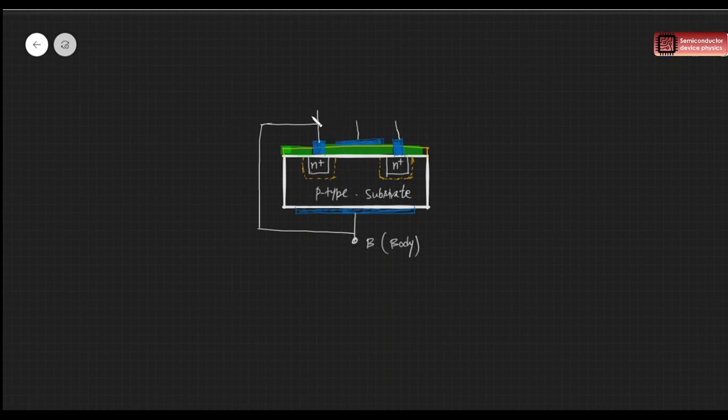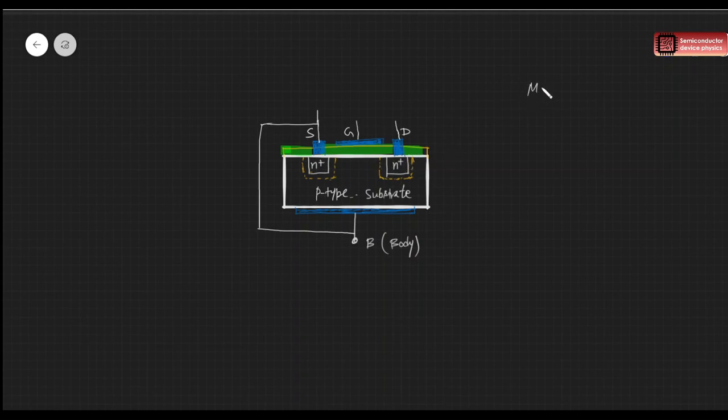This is our source terminal, this is our gate terminal, and this is the drain, right? Now, it's a p-type substrate, so we want to create an n channel here. Then only the source and drain will be connected, right? To make an n channel, we know from the MOS structure, right?